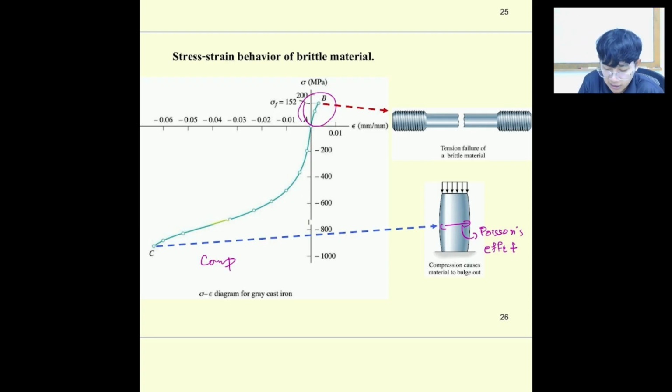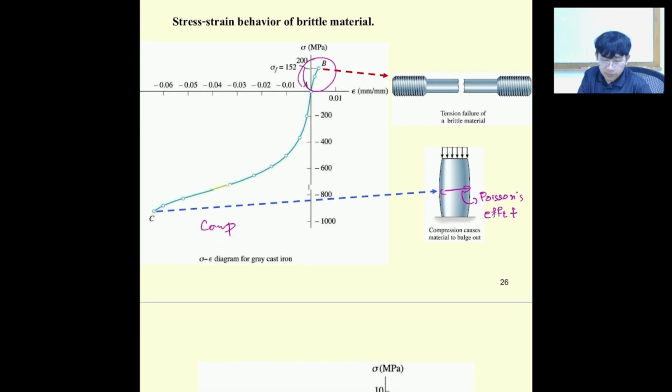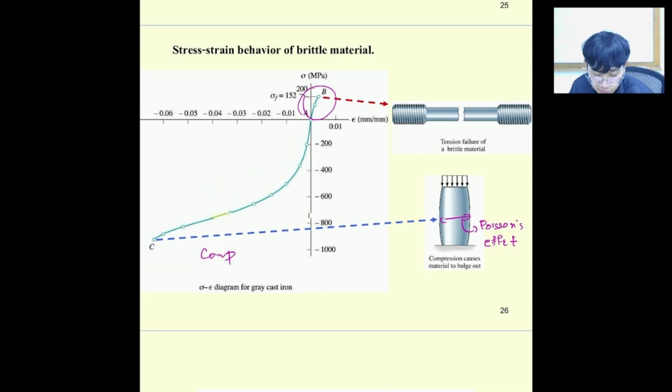For example, like the railway base. If they would like to use the railway support, you would use cast iron for the railway support, because when the train pushes or brakes, it produces a lot of compression force to the material.